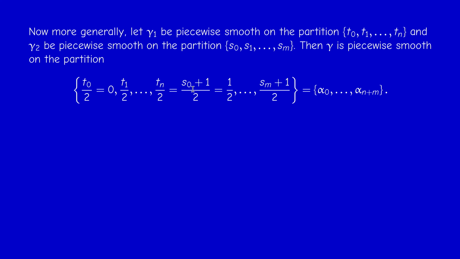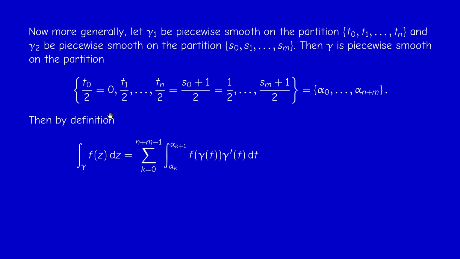So I get n plus 1 plus m plus 1 minus 1, so I have n plus m plus 1 terms, right? And now gamma is piecewise smooth on this partition, by definition, by construction.